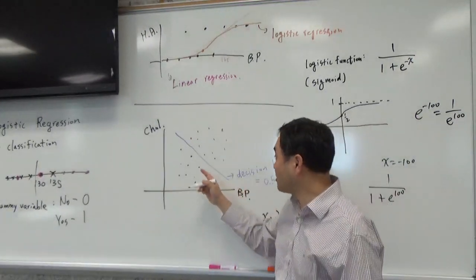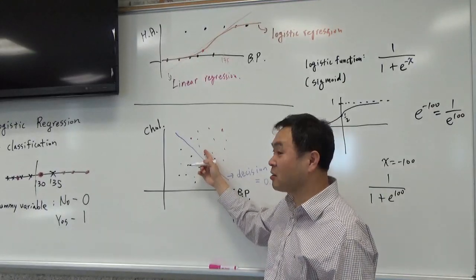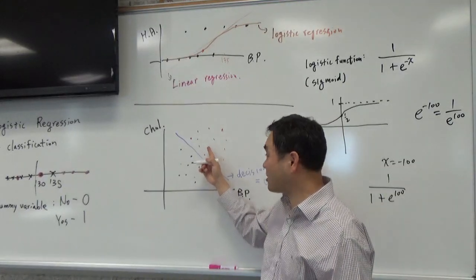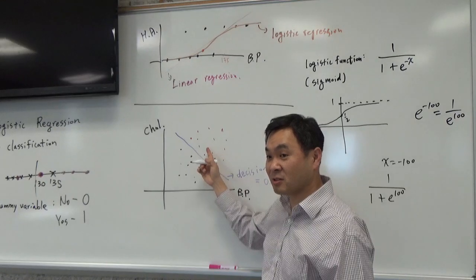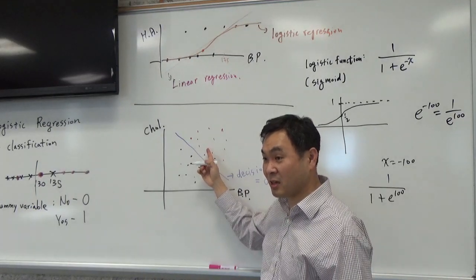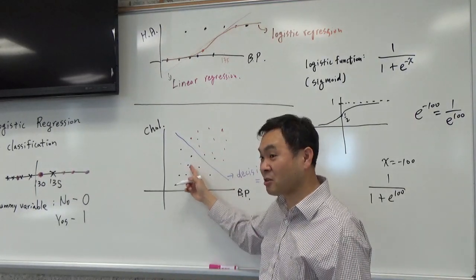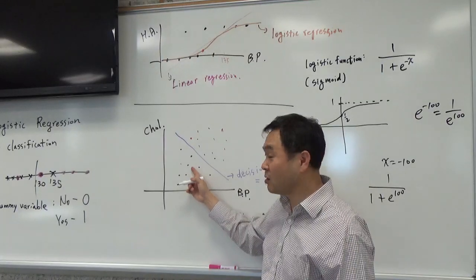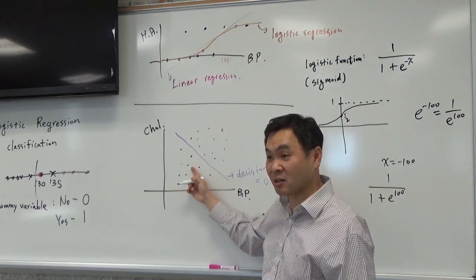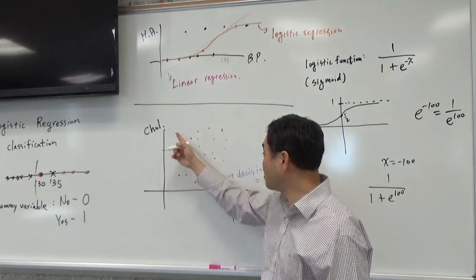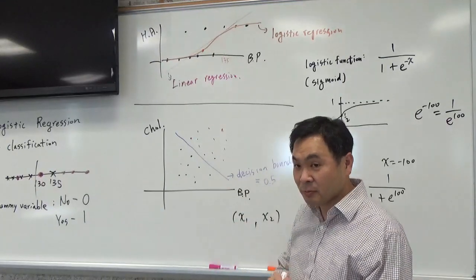If you go over here, there's more probability that your data point belongs to class B than class A. If you're here, there's more probability that your data point belongs to class A than class B. Okay? So there will be this decision boundary.